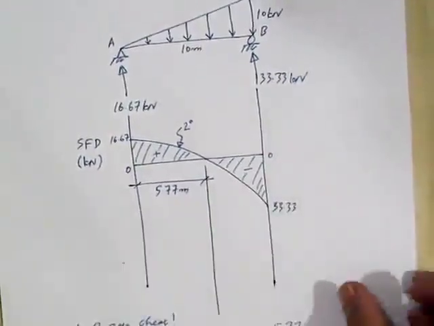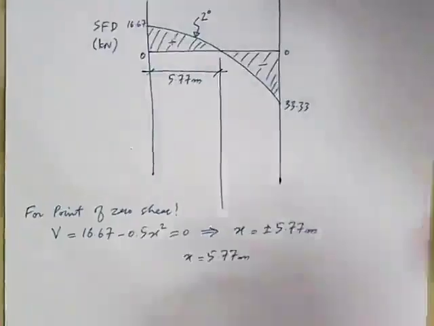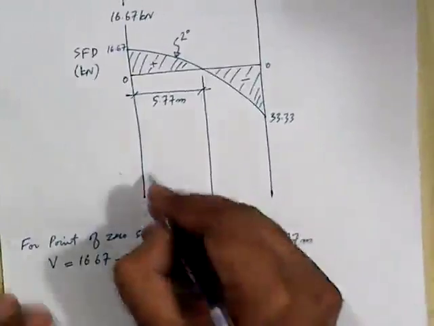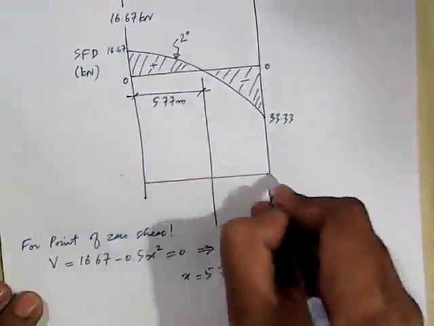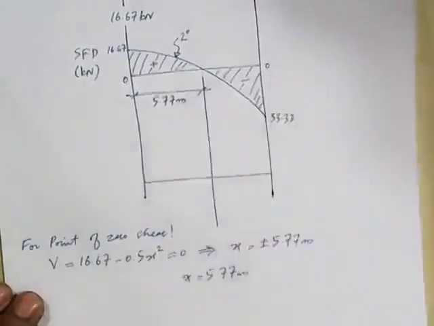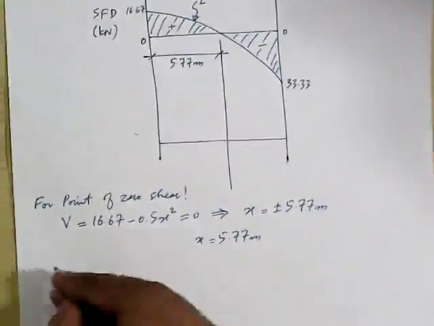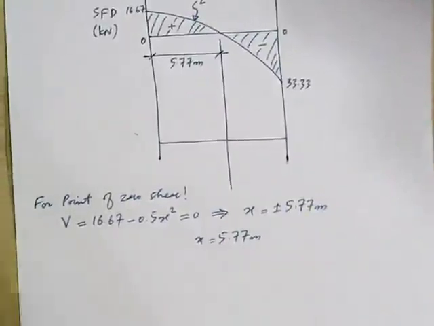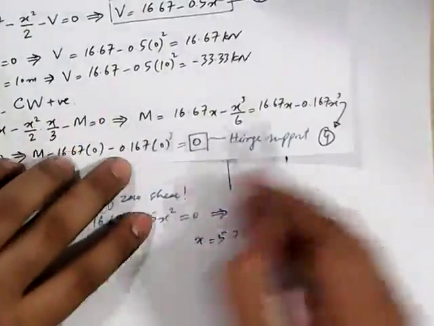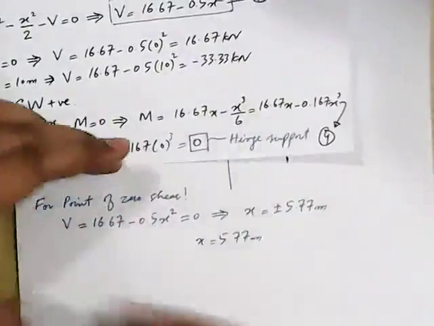So if this distance is 5.77 meters and we want to draw a bending moment diagram, we will calculate the value of bending moment at this location. For that we will have to consider equation number 4, which is the equation of bending moment.